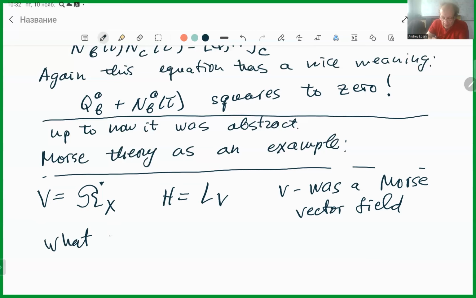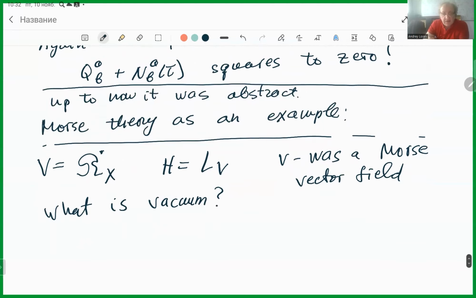So the question was, what is the vacuum? And there is a notion, omega epsilon, that I introduced before. And here is the concept of the Lefschetz symbol.